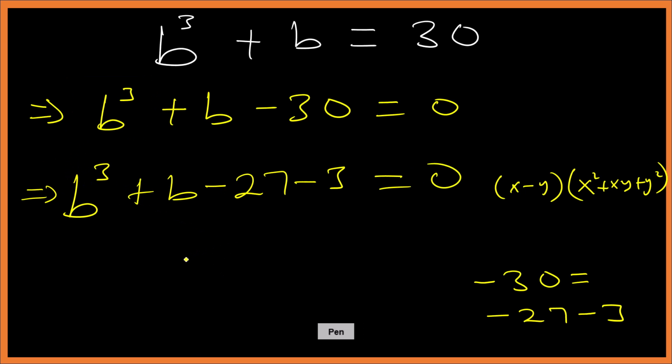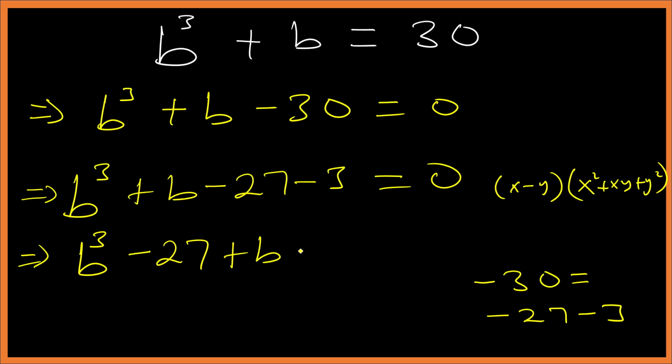Now I want to join this one to this, so I'll make it b cube minus 27, and I have plus b minus 3 equal to 0.